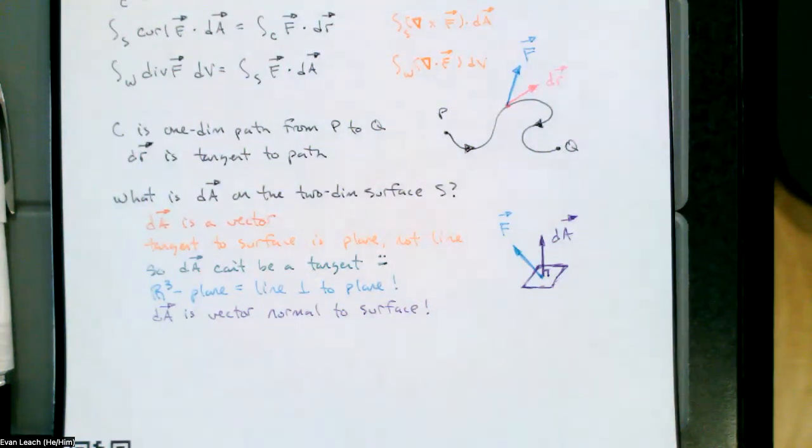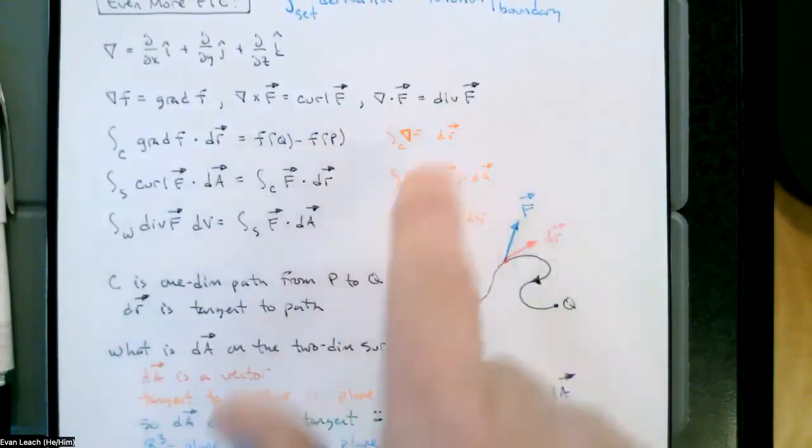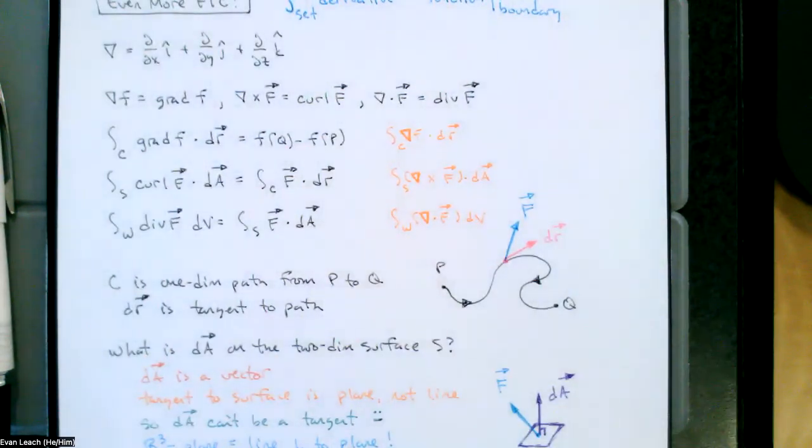And so you might be thinking, well, there's a lot of time left in class today. Are you going to tell us what curl and divergence is? Let's talk about curl and divergence so we can get a better understanding of what's going on tomorrow.